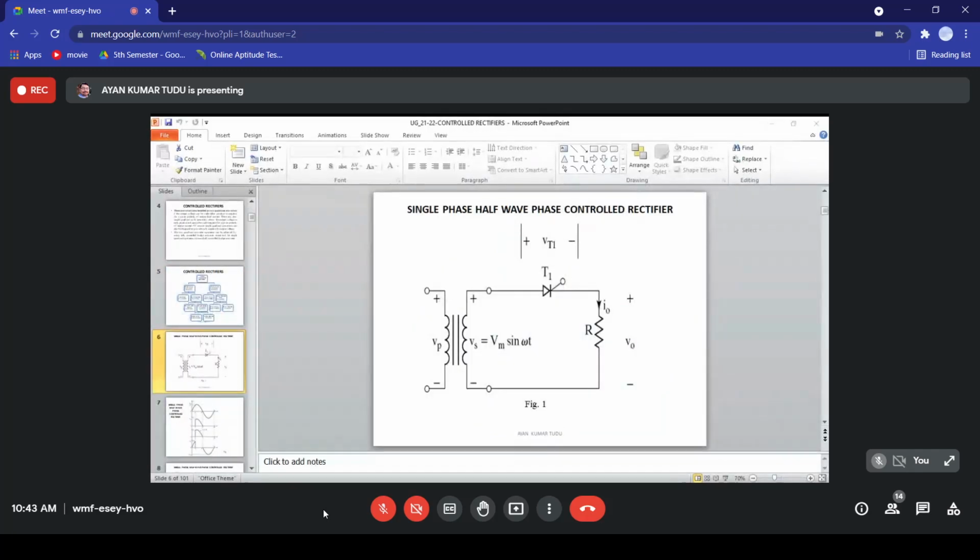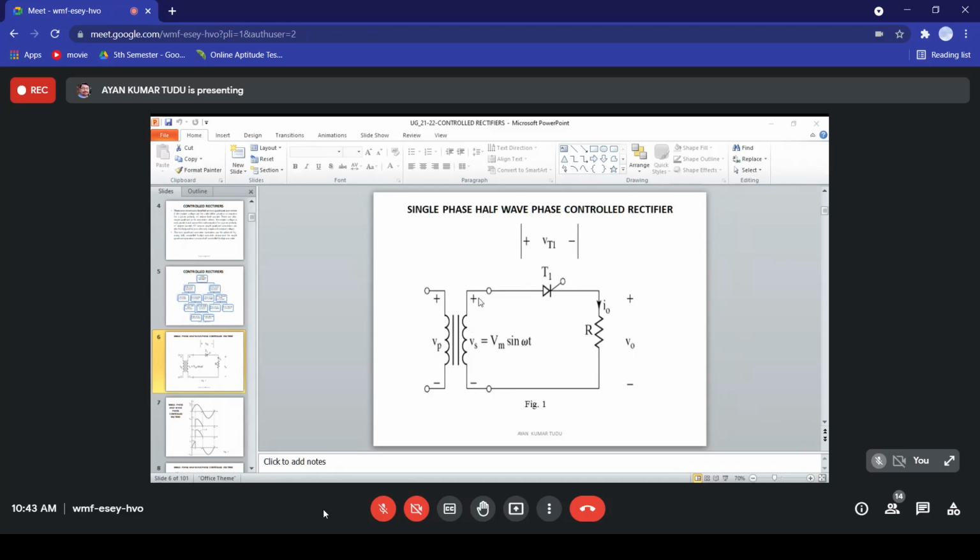This particular signal is very easy to understand. During the positive half cycle of the input supply, the transformer secondary is at a positive potential with respect to its lower end.